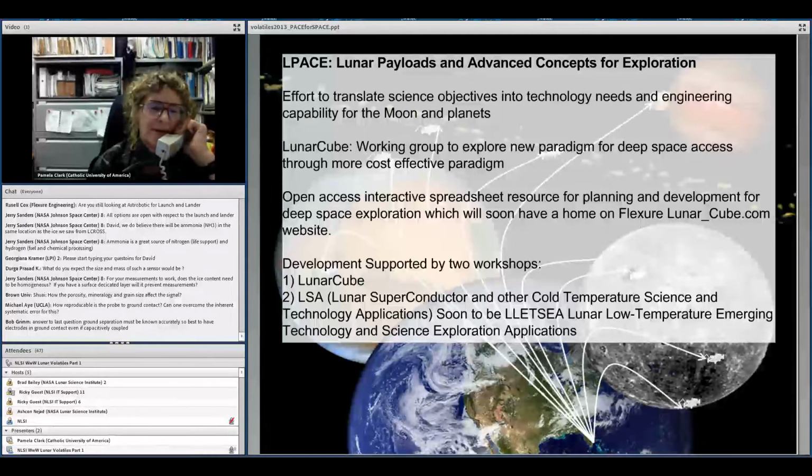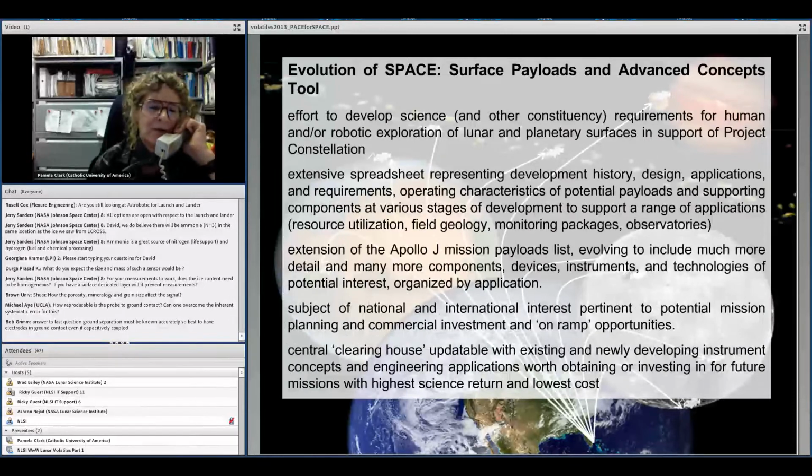To provide somewhat more details, this is basically an effort to develop science to respond to science requirement development from the human and robotic exploration communities. And it started, as I said, at Project Constellation.